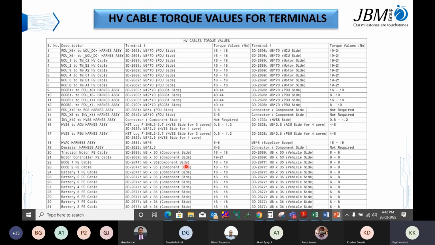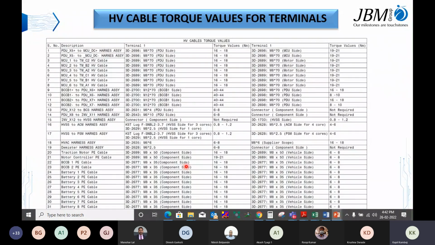Moving forward, when we started preparing our first electric bus for NMMT, the Silex model, we did some activity over the bus, like the cable torques and values defined on the terminal, because we faced issues as well.